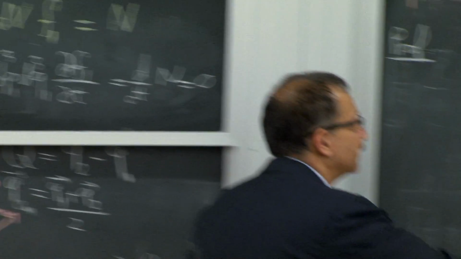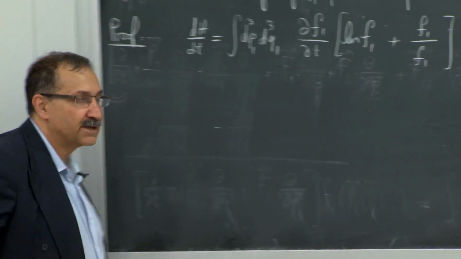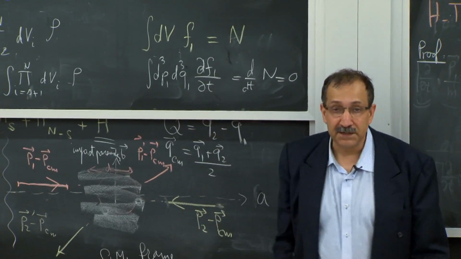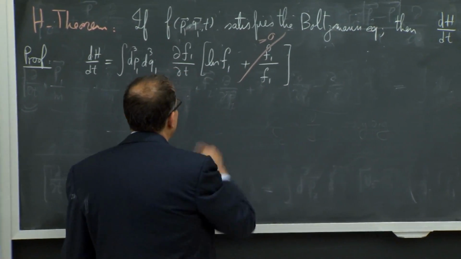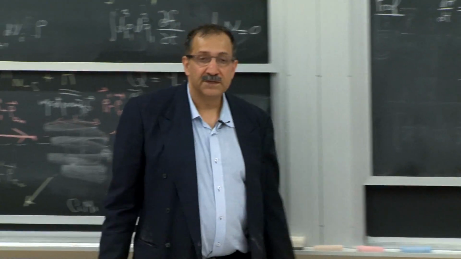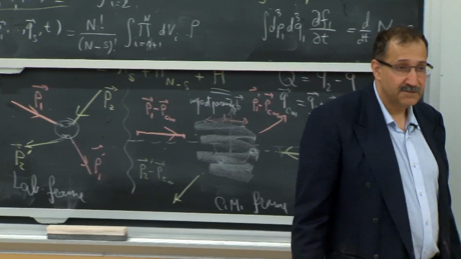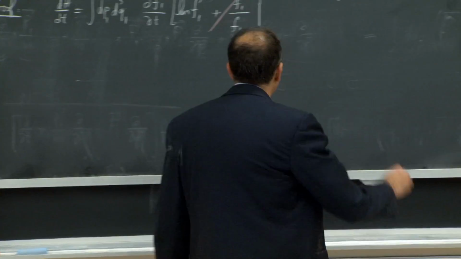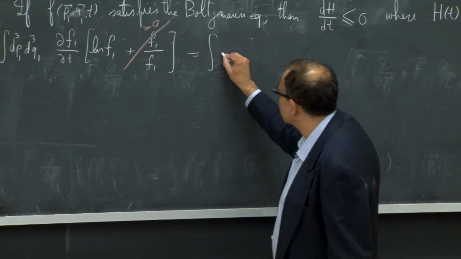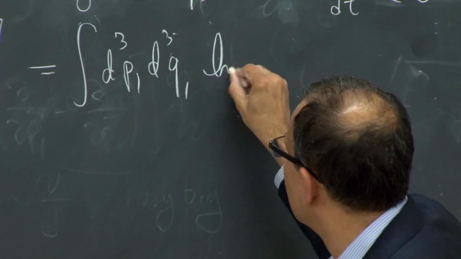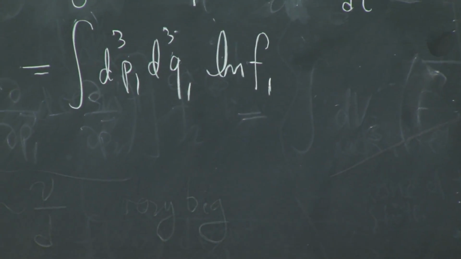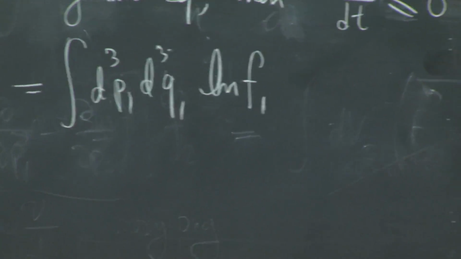And indeed, realize that this is 1 integrated against df1 by dt. It's the same thing as here. So basically, this term will give me 0. All I need to worry about is integrating log f against df by dt. So I have an integral over p1 and q1 of log f against df by dt.